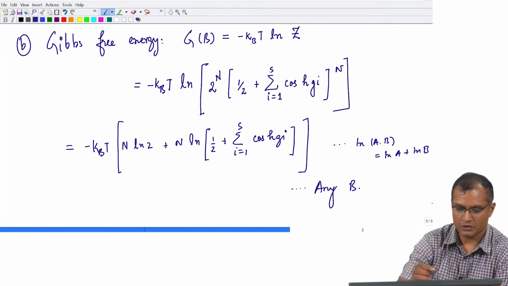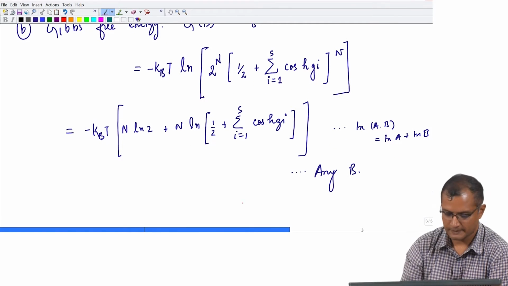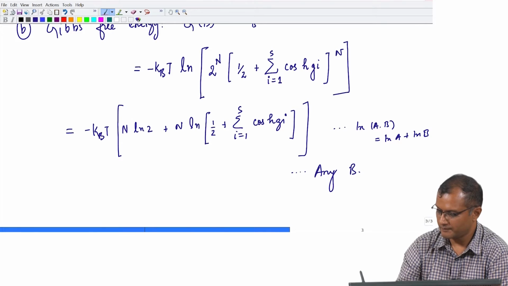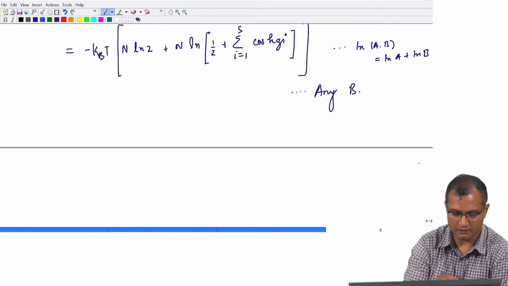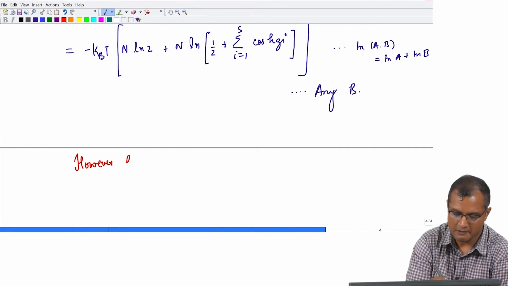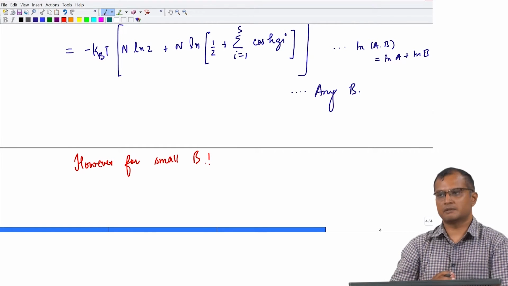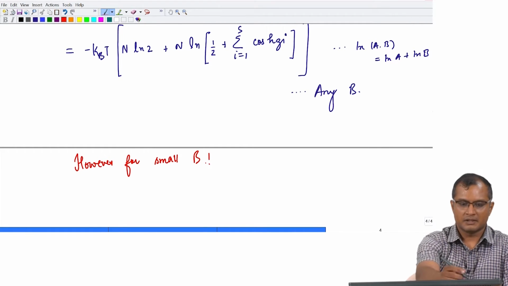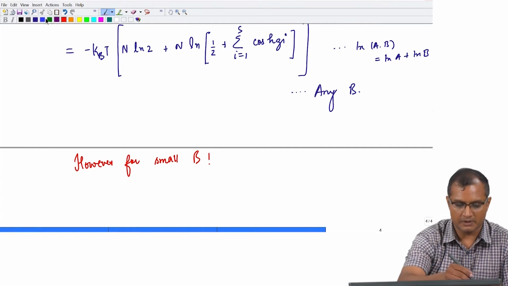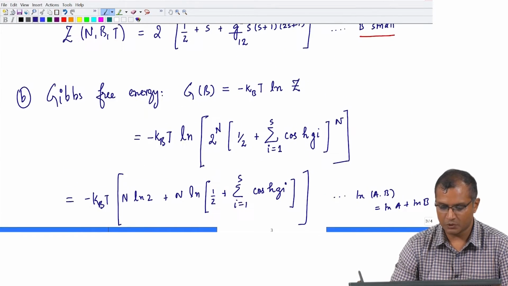In the small b approximation, we have a ready made approximation for the partition function. So, we can use that approximation and compute the Gibbs free energy.